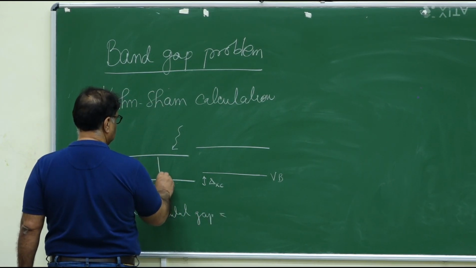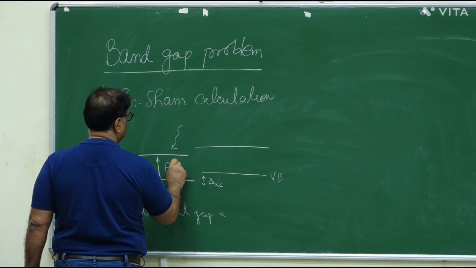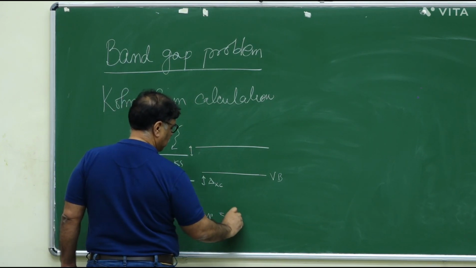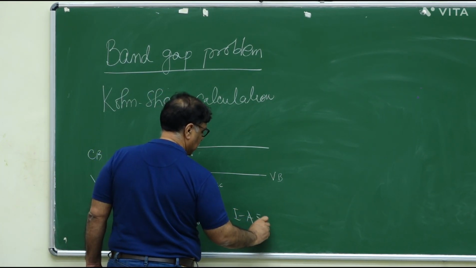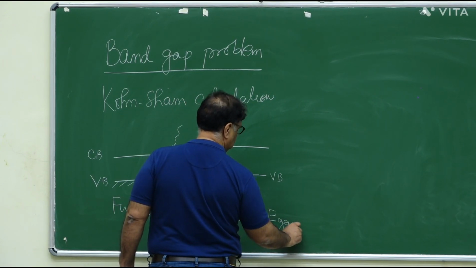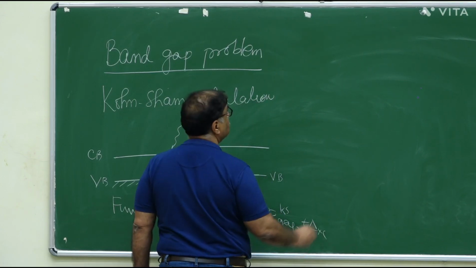is equal to E gap Kohn-Sham plus this delta XC. I minus A is E gap Kohn-Sham plus delta XC.